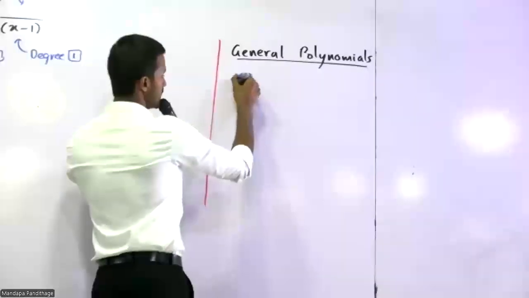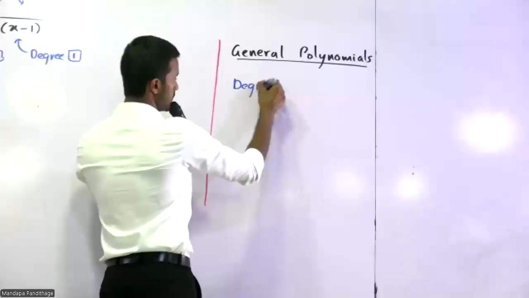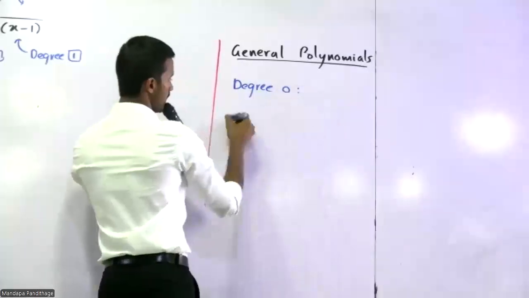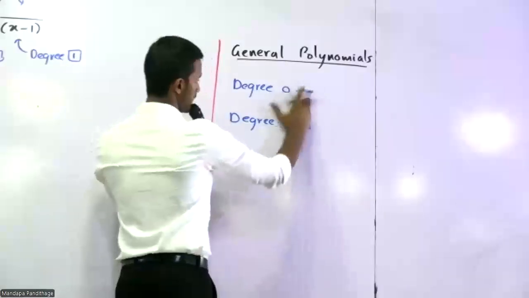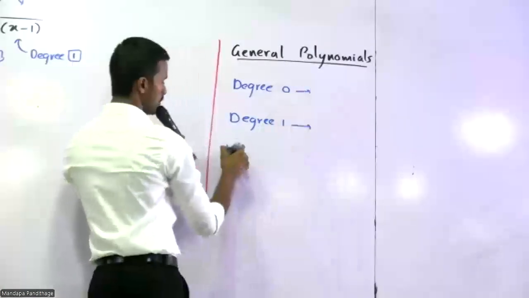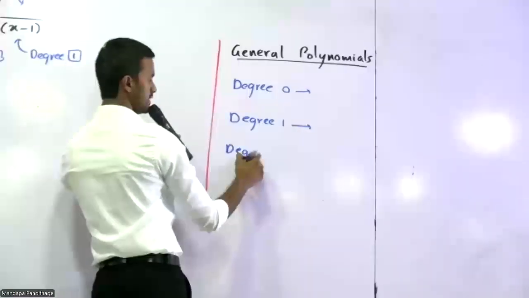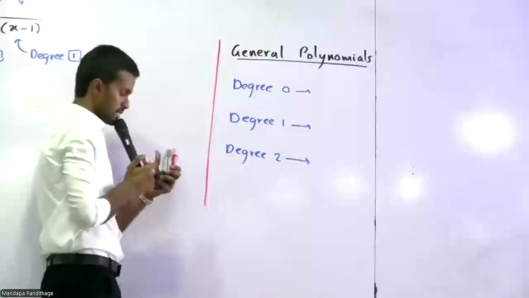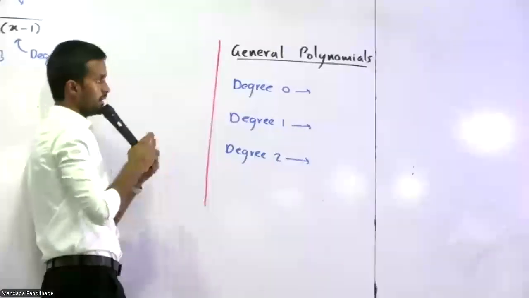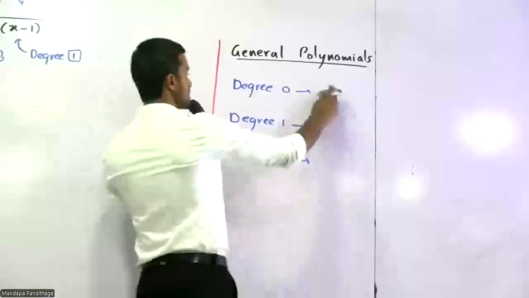If the degree is 0, if the degree is 1, and I'll just write one more. We only need the 0 and first degree, but I'll write even the second degree. When the degree is 0, the general polynomial is a constant.